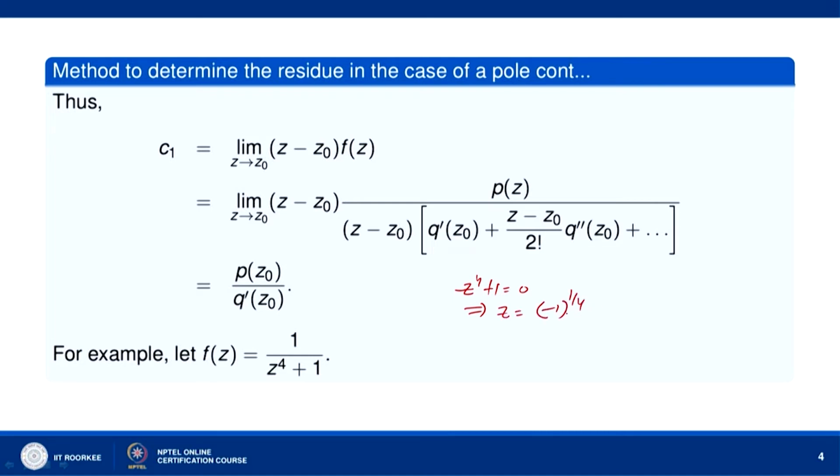Now we know that minus 1 lies here on the real axis, and if you write it in the polar form, then minus 1 is equal to mod of minus 1 into e to the power i theta, where theta is the argument of minus 1. So this argument is pi, so we have e to the power i pi.